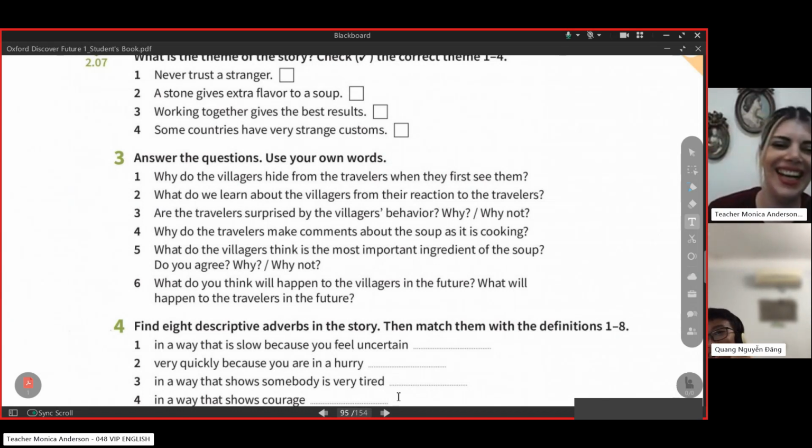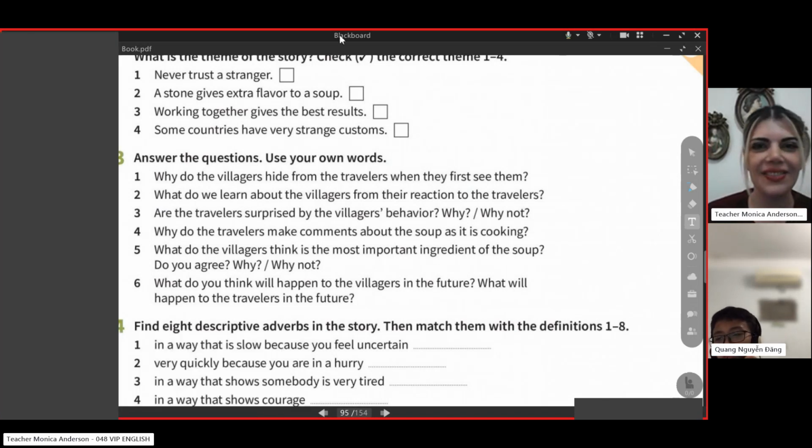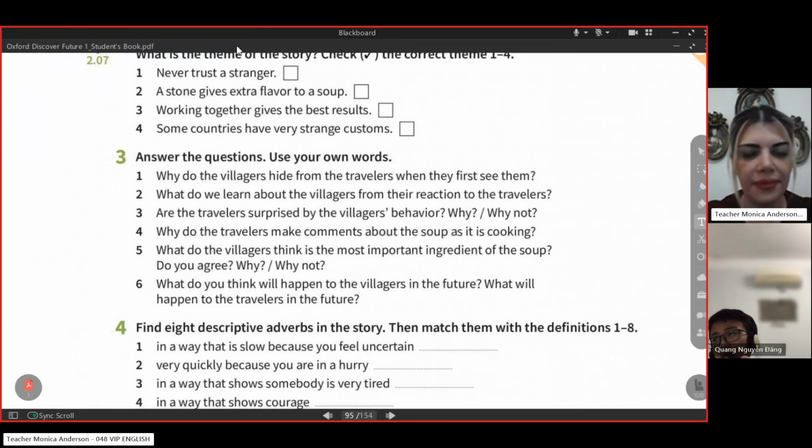Like me, the first time when we see strangers, I think we don't trust them and just walk away from them. So villagers hide from travelers because they're scared and they don't trust the travelers. Yeah, right.